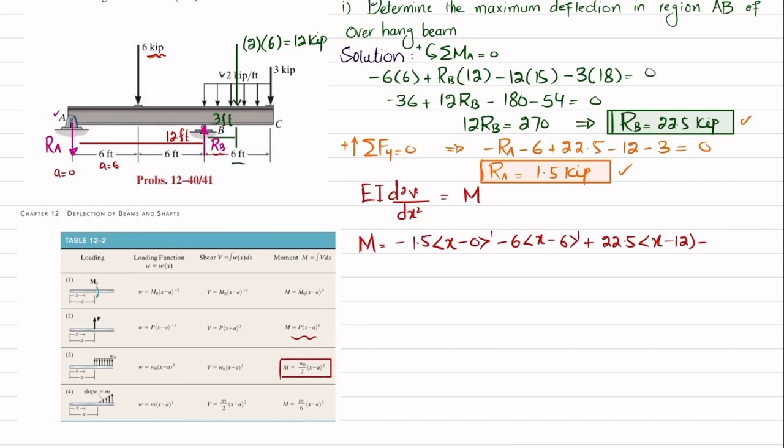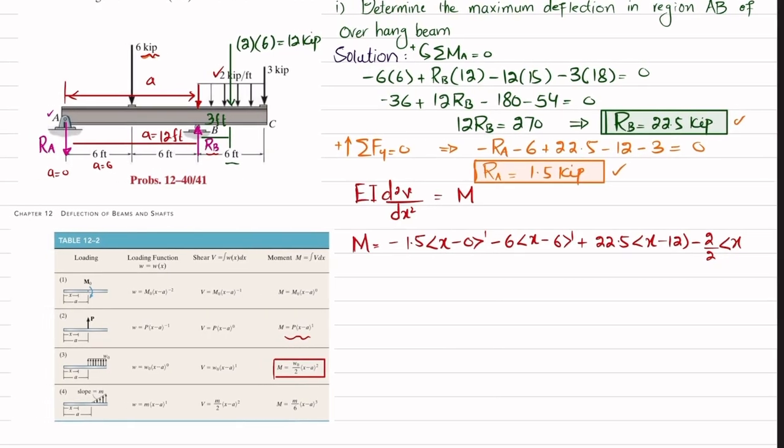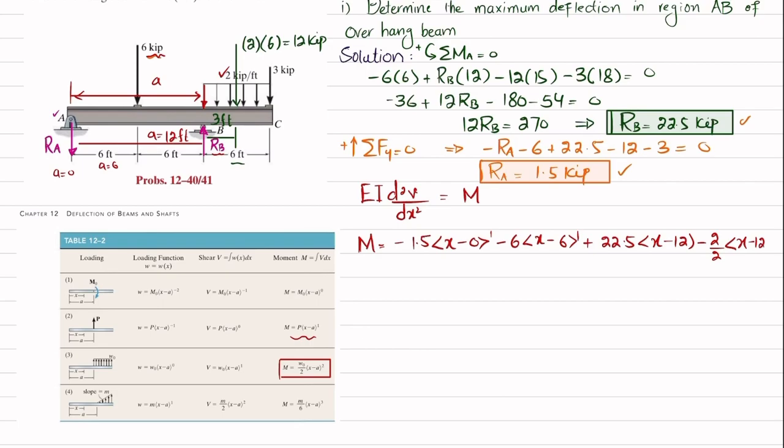W naught is 2, so 2 over 2 into X minus A. For this load, A is again 12, because the load starts from this point. This distance is A. So minus X minus 12 power 2, because this is a square. So this is the moment equation.